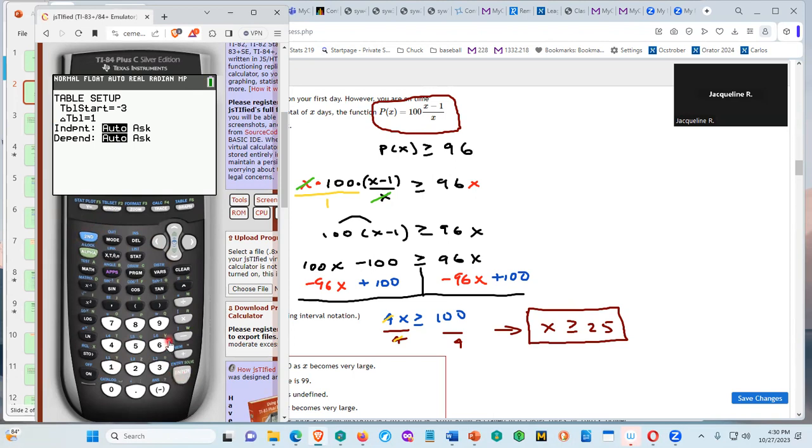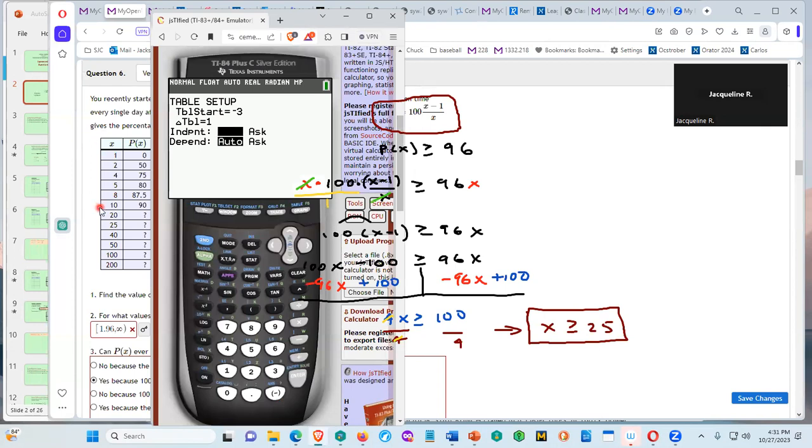I had it set at a half, but I think we're actually going to want it to be set at 5, because our X values, at least the ones we're interested in, are like 5 or more apart. So I'm going to set the delta table at 5.